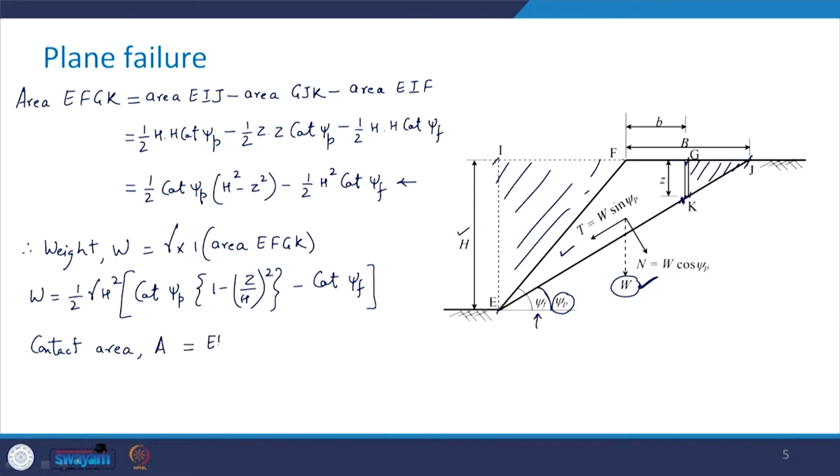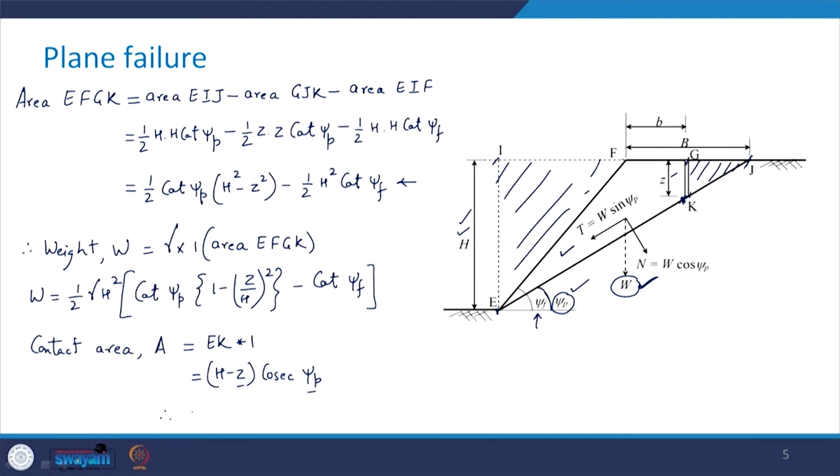This is going to be the length EK into 1, because it is again the unit in the direction perpendicular to the plane of the screen. So, this is what you are going to get as h minus z cosec psi p, simple trigonometry. EK I can write as EJ minus JK, and you know this angle psi p, you know h, you know z, and in terms of h, z and psi p this can be written.